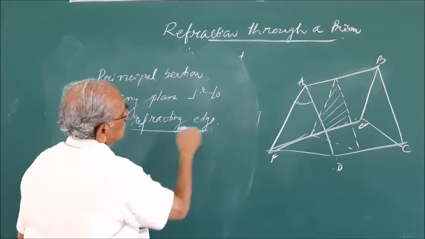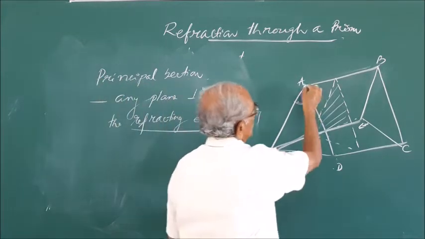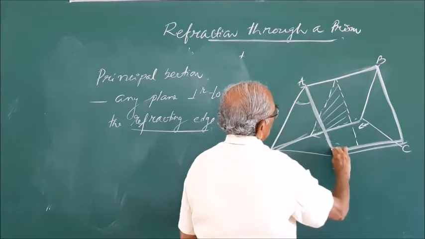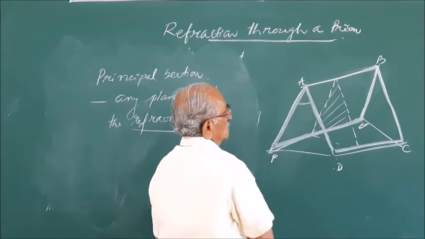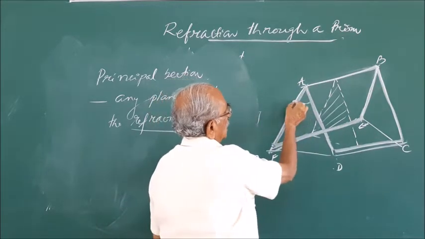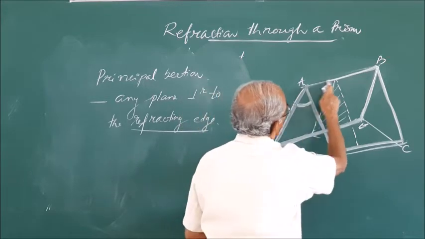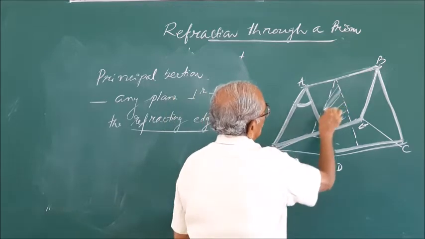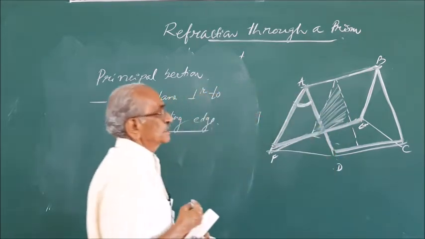Now, these are the terms that we come across. To repeat, you have the prism, a transparent medium bounded by two plane surfaces, and the angle between the two planes, the angle of the prism; the line along which they meet, the refracting edge; and a section of the prism, that is a plane perpendicular to the edge, called the principal section.